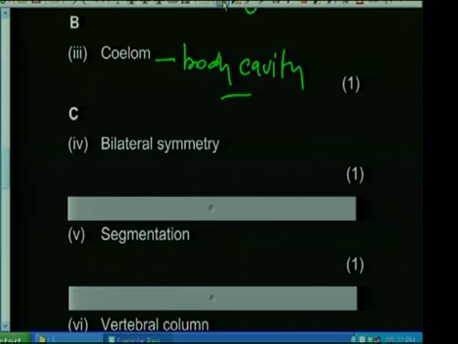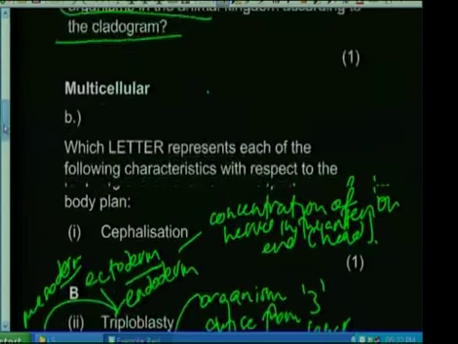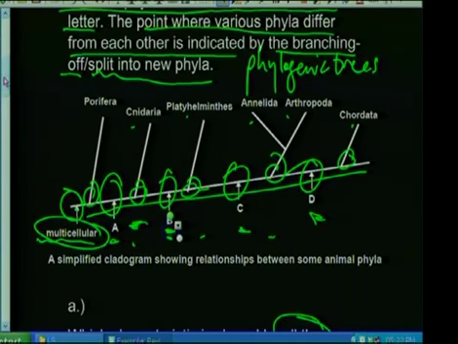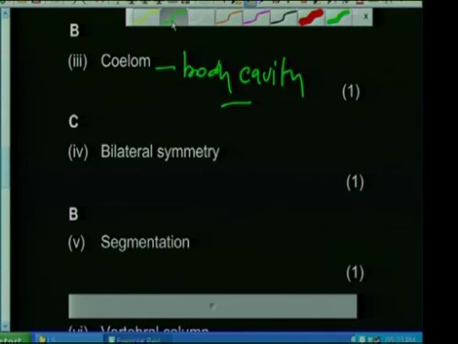Bilateral symmetry. From B, from this point onwards, from the platyhelminthes being the flatworms onwards, we're getting this story coming in of bilateral symmetry. But now the question is, what is this bilateral symmetry that we're talking about?